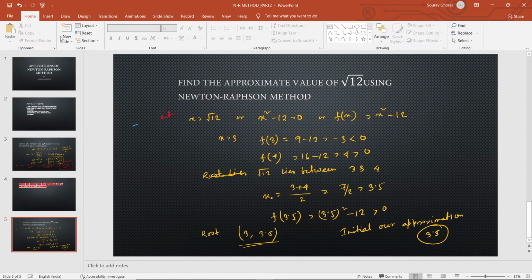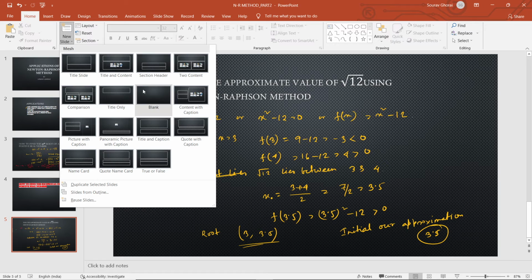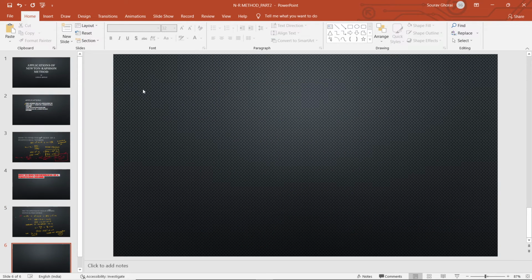Now we have to find the solution of this equation, taking the initial approximation as 3.5. So how can we solve it? The formula is xn plus 1 is equal to xn minus f of xn divided by f dash xn.